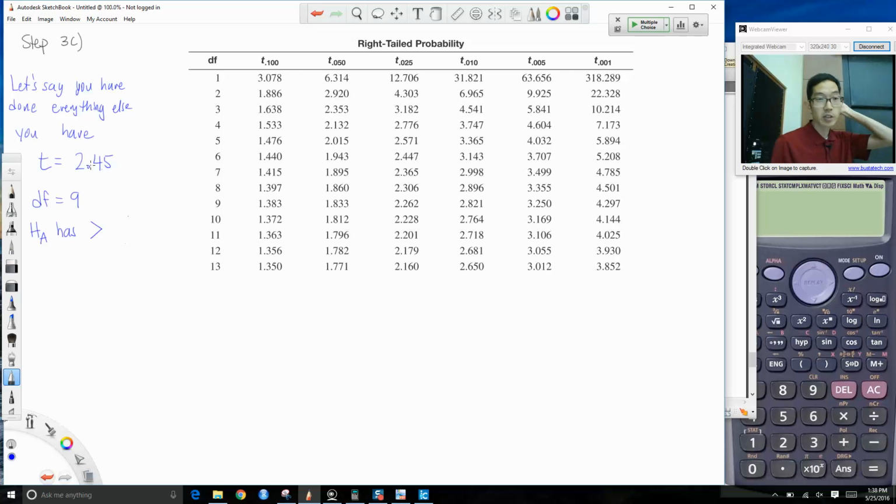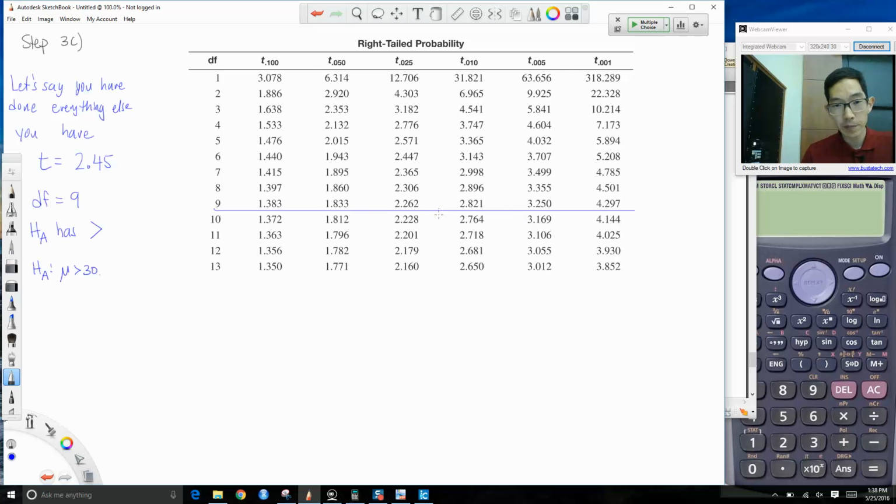You need to know your test statistic t, you need to know your degrees of freedom, and you need to know what your alternative hypothesis says. So if your alternative says, let's say, mu is greater than 30 or something like that, all we would do is look at 9 degrees of freedom. We just look at this row, 9 degrees of freedom.